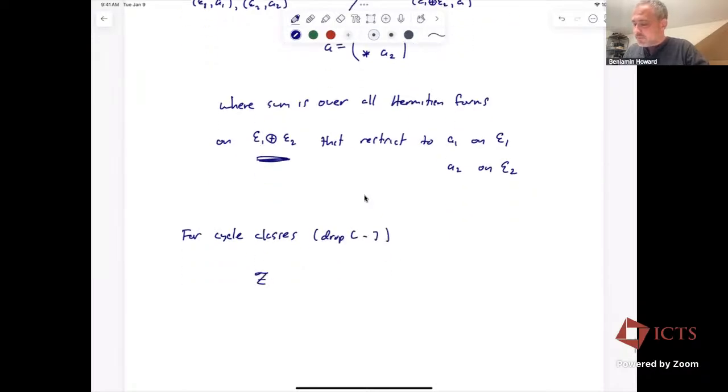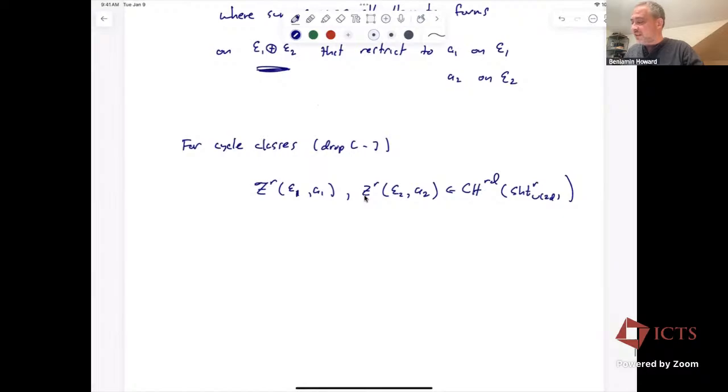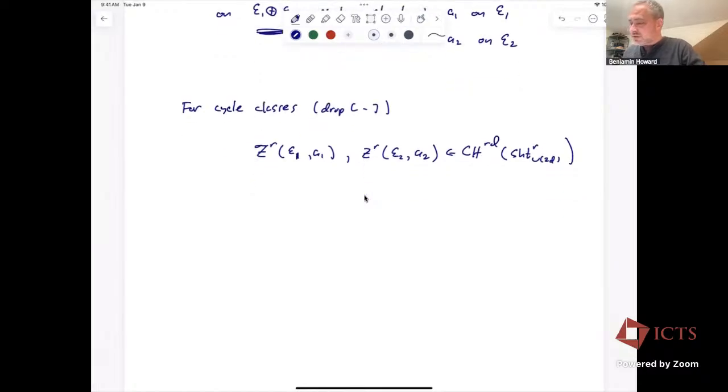So if I take two special cycles in codimension RD on the moduli space of U2D Shtukas, you get this intersection formula.